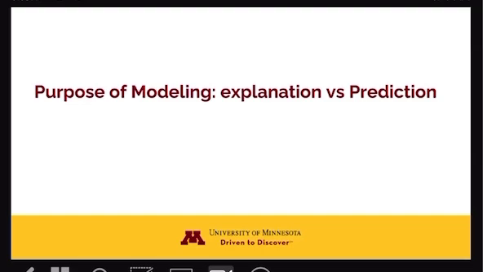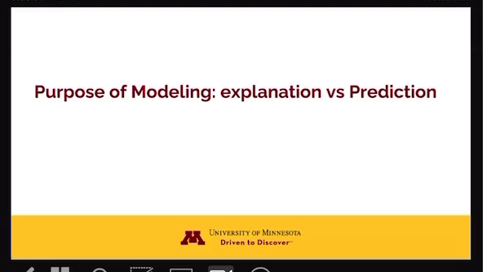Now, if you take a look at the model that I have here, if my intention is to make a prediction, the way it's going to be approached is going to be different from when my intention is to explain.